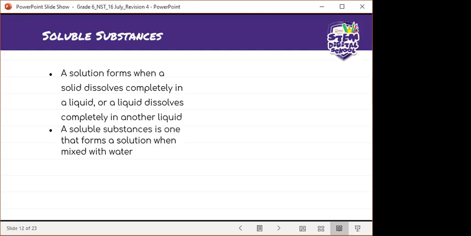Then a soluble substance is one that forms a solution when mixed with water. Soluble is the key word here. This soluble substance, we would even refer to as the solute. Then every solution has a solvent and solute, just as mentioned.